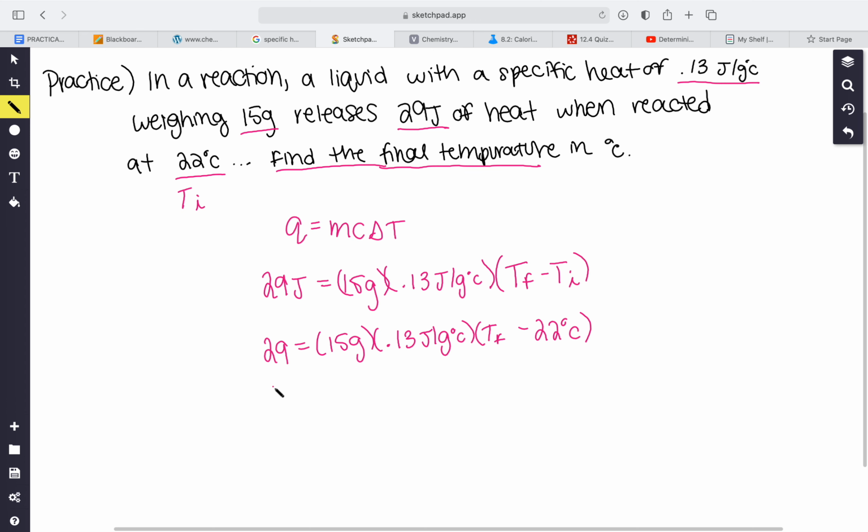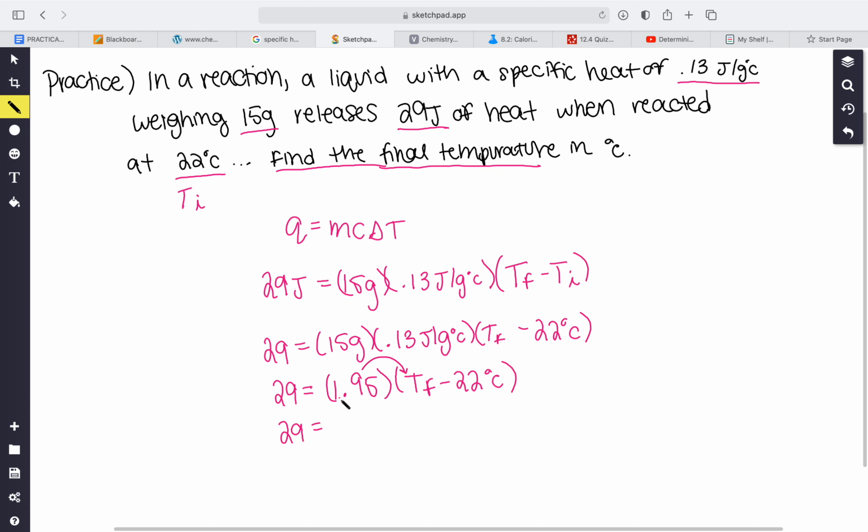And then we are going to do some algebra here, and we're going to multiply these two together. So I'm going to do that really quickly. 15 times 0.13, we get 1.95. Temperature final minus 22 degrees Celsius. And again, we're just going to do some simple algebra here, and we're going to distribute this.